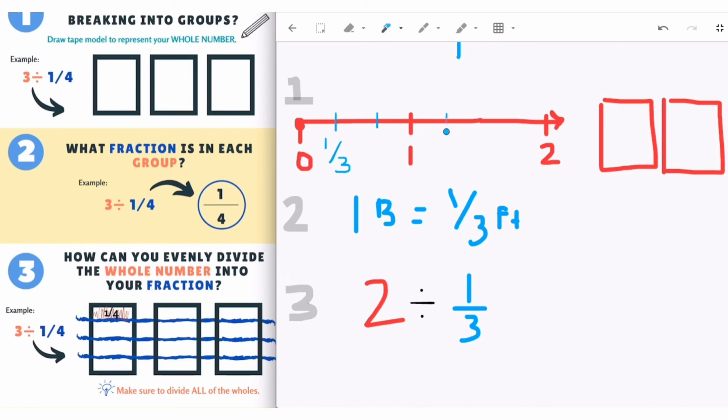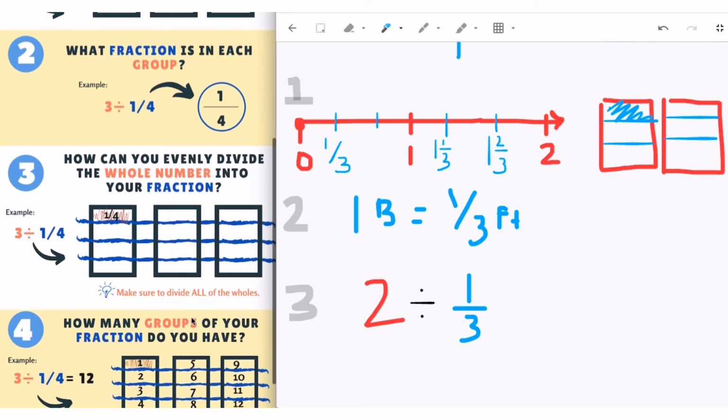Again, I can do that for 2 as well. This would be 1 and 1/3 because I have 1 whole and then 1/3. And this would be 1 and 2/3. Looking at my rectangles, I can also divide these into 3 parts. And this would be 1/3.